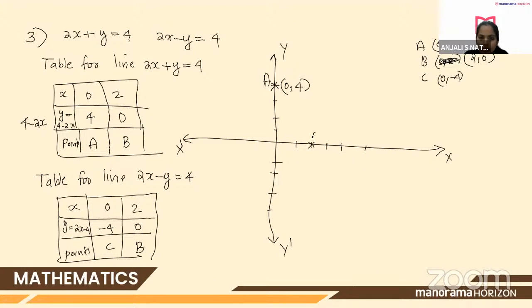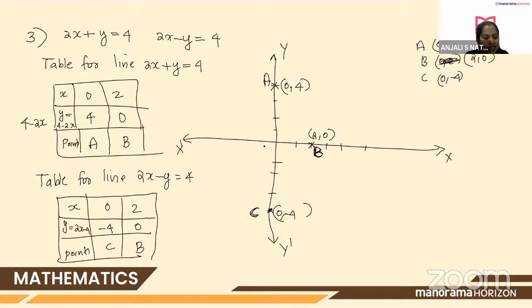So here this 2, 0 is the point B. Next is 0, minus 4. The x coordinate is 0, 1, 2, 3, 4. Here it is 0, minus 4, and the point is C.